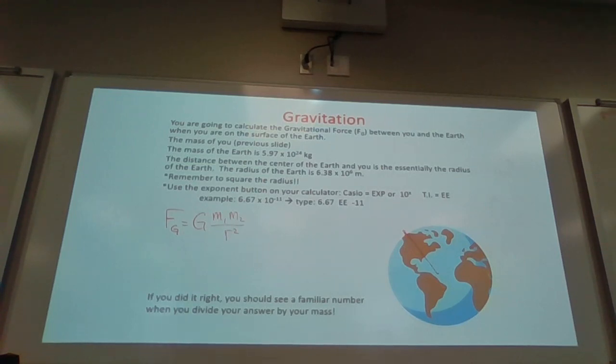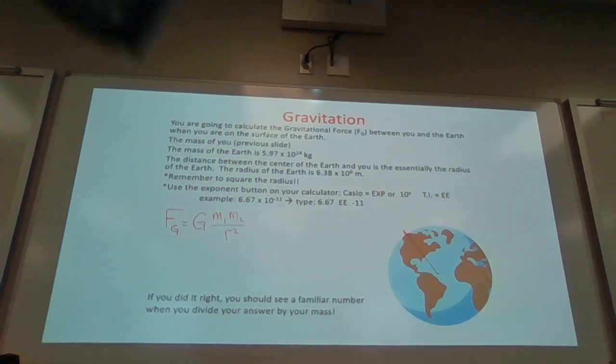The scientific notation button, times 10 to the, is the EE button, which is above 7, in the second function. So you're going to type in 6.67, second EE button, negative, not subtract, but negative 11. Okay?